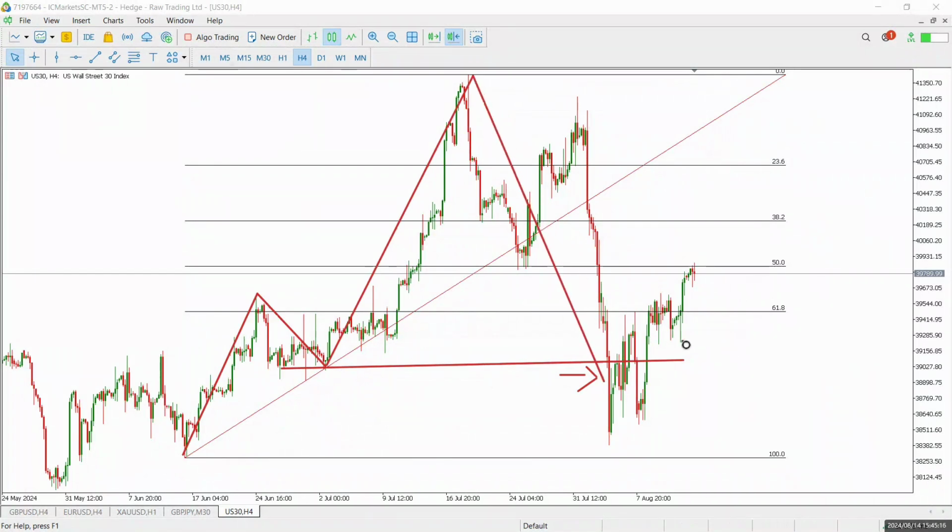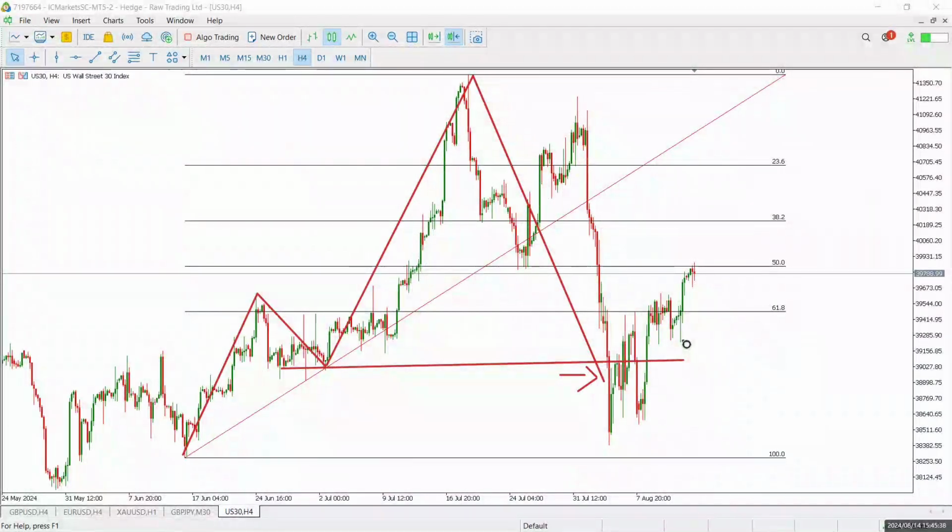Okay, if price breaks structure before getting to 61.8 or after getting to 61.8, it doesn't really matter because the maximum allowed for us to trade with in the retracing markets is the 61.8. So this means that if market breaks a structure after 61.8, there is no sell opportunity available for us in this case.